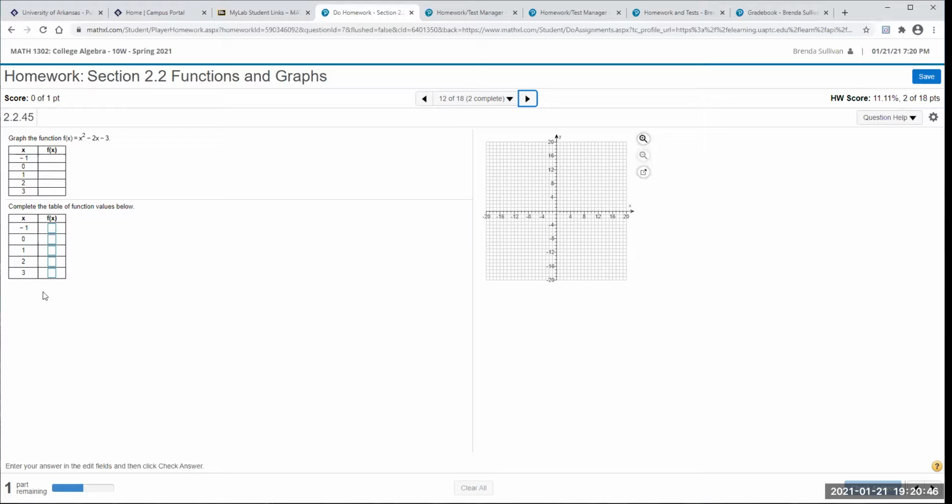And I'm going to show you how to do it on your graph to see where your vertex is, because it's not in the right form that we're used to seeing it with something added at the end with parentheses. It's shifted off. This is called the standard form that it's in right now. It's wanting me to do -1, 0, 1, 2, and 3 before it's going to let me graph.